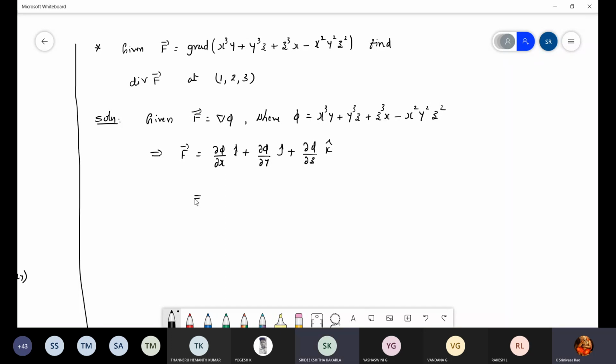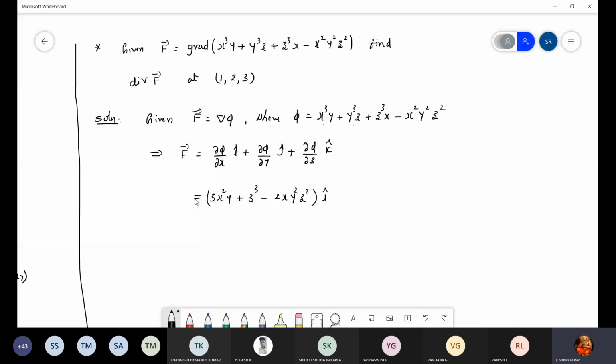Del phi by del x. If I differentiate partially with respect to x, first term x cube differentiation is 3x square y. Second term 0. Plus z cube. Third term minus 2x y square z square. So complete this is into i cap. Okay, so you will get a little bit lengthy, 3 terms you will get in each.